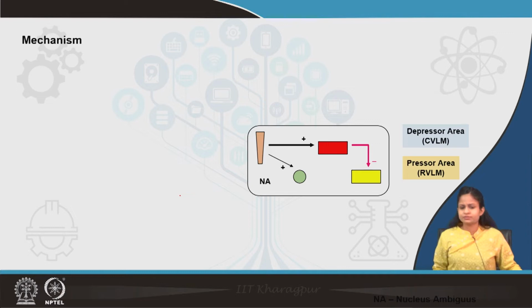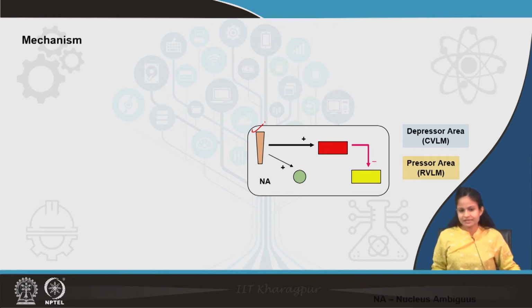So the physiological basis of all the tests is usually the baroreflex pathway, which we had already discussed. The baroreflex pathway consists of the main center, that is the medulla. In the medulla we have the nucleus tractus solitarius, and we have a depressor area and a pressor area.